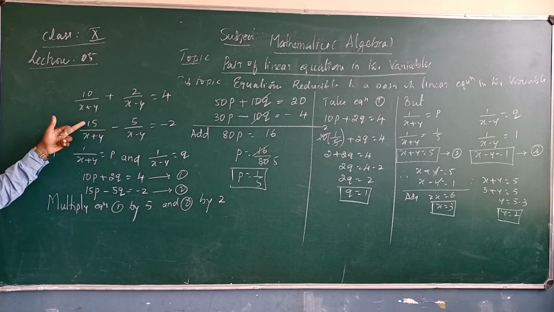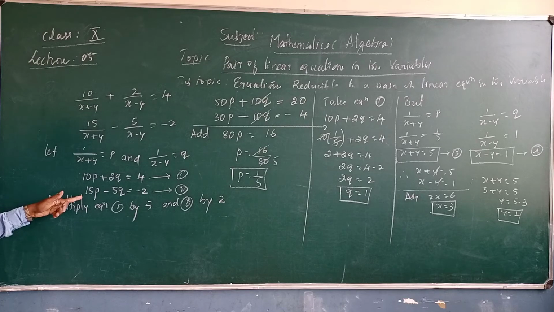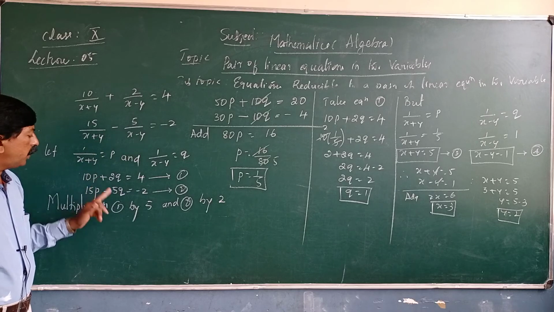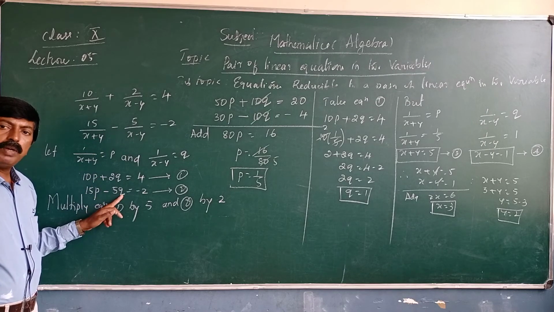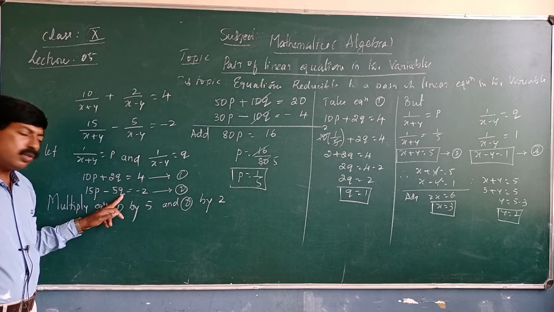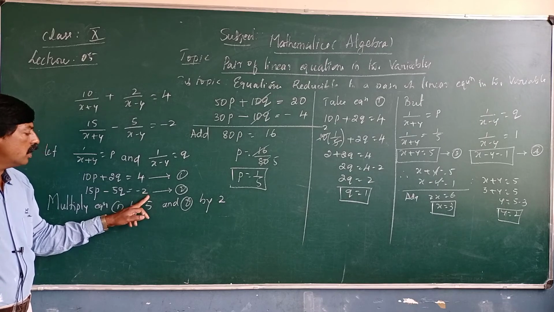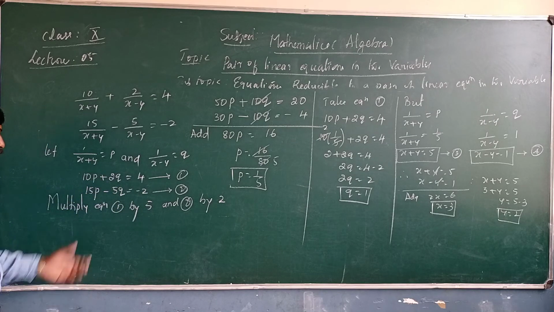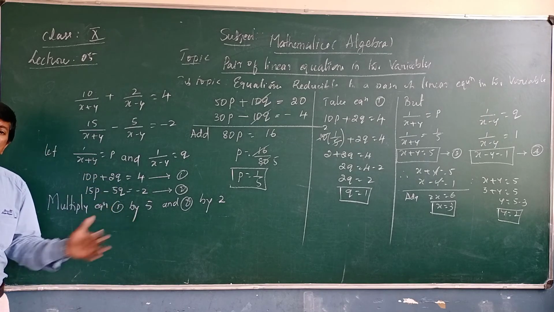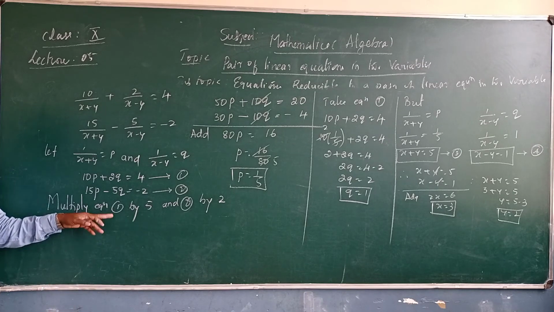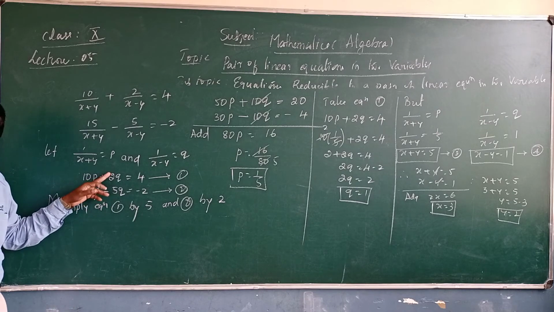Now the second one, 15 by x plus y will become 15p, minus 5 times 1 divided by x minus y will become q is equal to minus 2. So two equations, numerical coefficients are not equal.